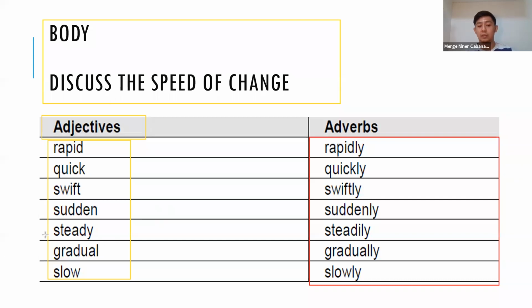Adjectives, you can only use for a noun or pronoun, whereas adverbs, you can only use for verbs or adjectives or a fellow adverb. So we have to make sure that in describing the speed of change, because there are tons of modifiers actually, we get them right.